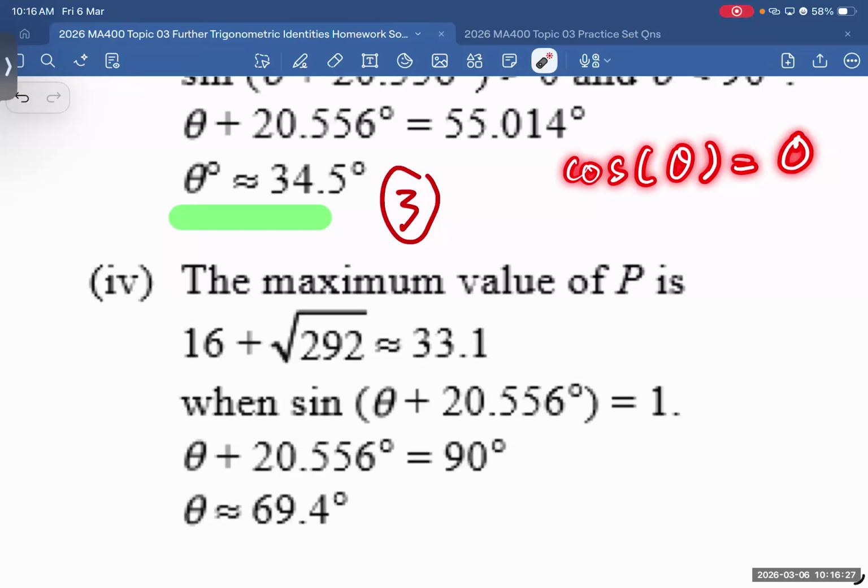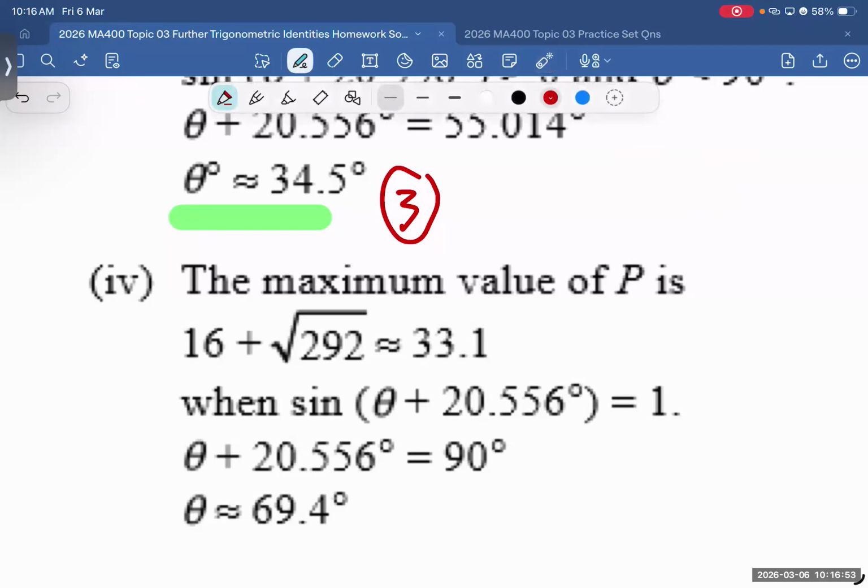Your test is equal to... Don't know. Show me the cosine graph. When is cosine equal to 0? You cannot answer.